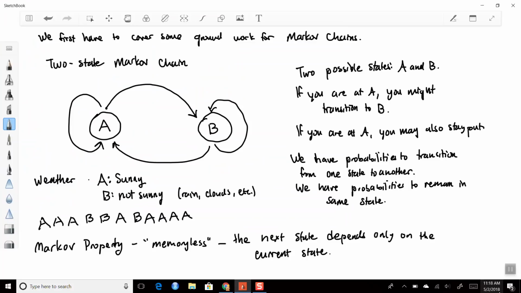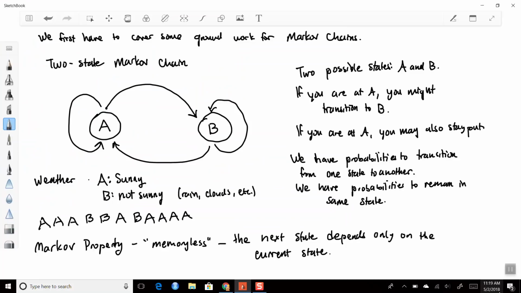Who knows, weather might not actually have this Markov property, but we can say let's just approximate it, because we're just making simplified models. When we make a mathematical model of a real life thing, we're not saying we want to recreate this real life thing exactly. We just want a simplified version of it.